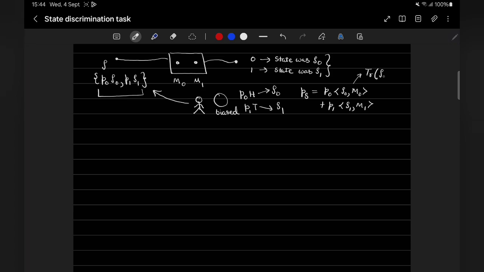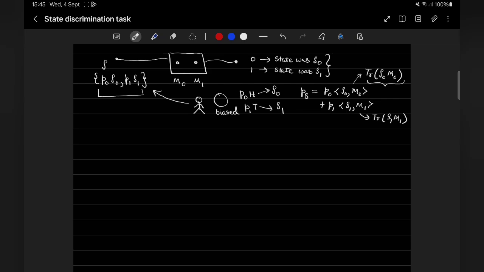So this is nothing but trace of rho 0 M0, and similarly this is trace of rho 1 M1. With probability P0, I correctly guess my state. What is the probability of that? It is the detector measuring M0. So this is the probability of measuring M0 when my state is rho 0. This is basically the success probability.